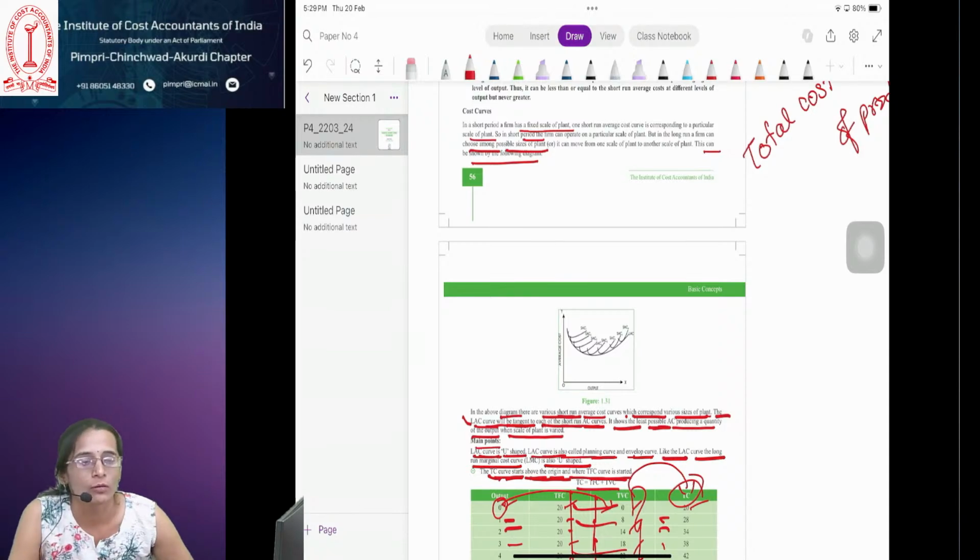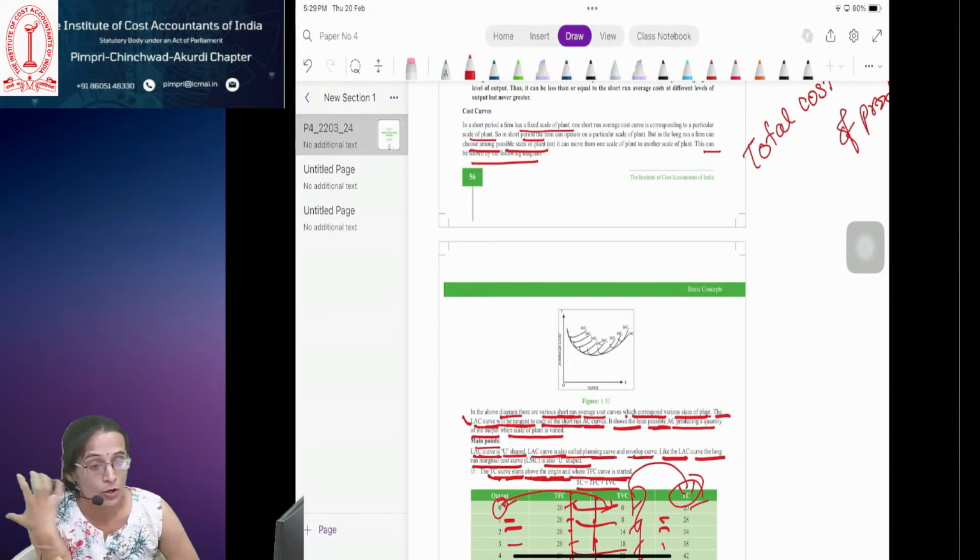What we saw in the short run: is the scale of production constant, or does it change? In the long run, we saw the law of returns to scale, where all input factors are variable. So the scale of production increases because the input factors increase. Input factor and output are directly proportional.